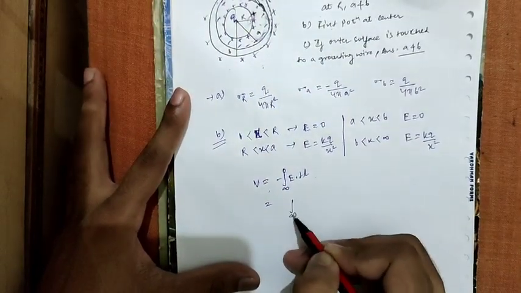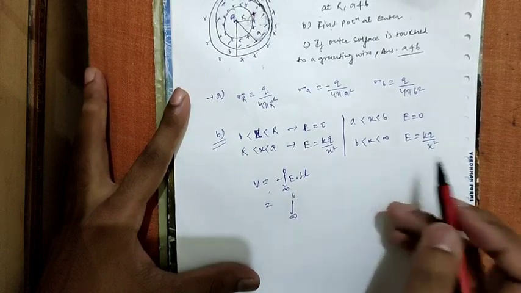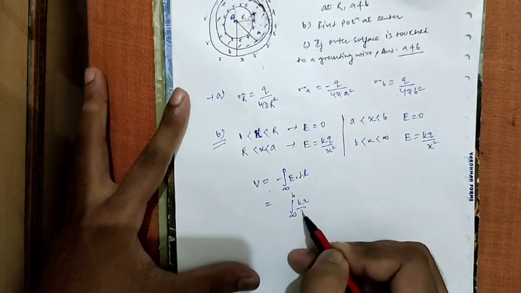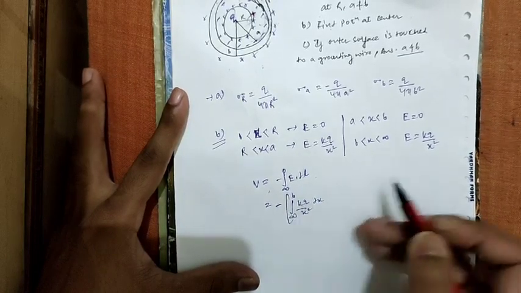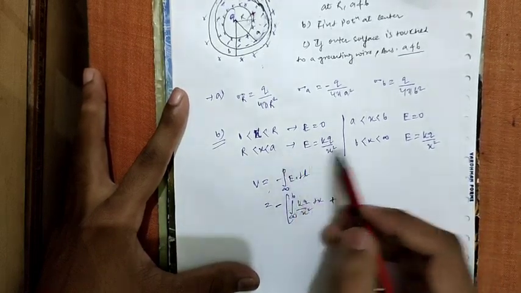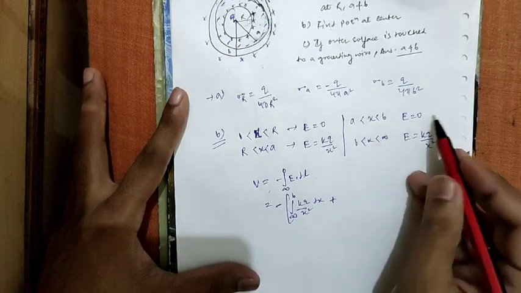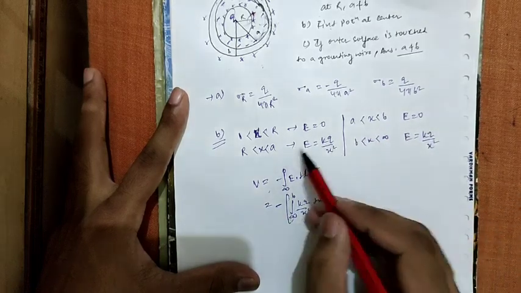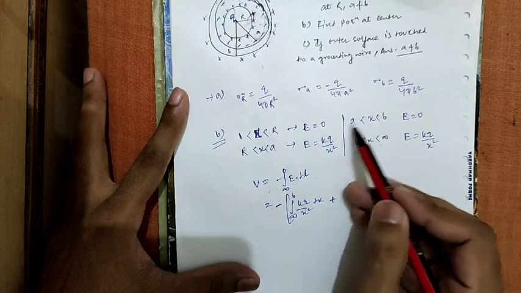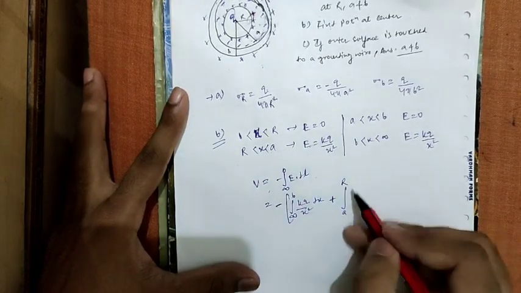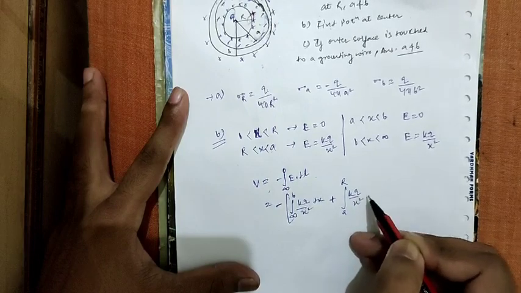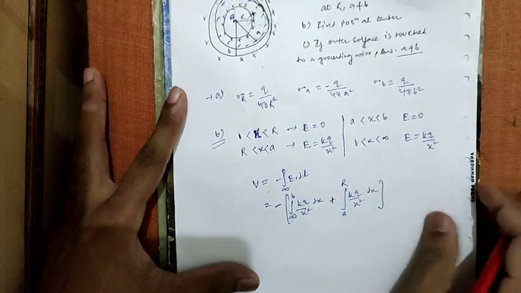From infinity to b, E dot dl is kq by x square dx, plus from b to a it is 0, so I'm not writing this, and then a to r is kq by x square dx.